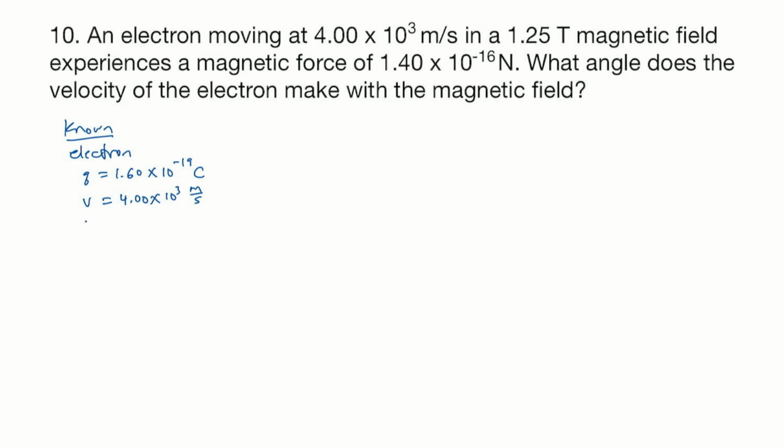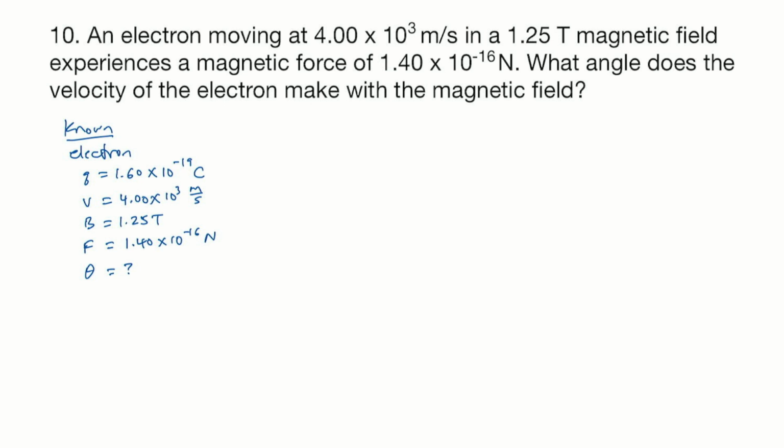Okay, we know the field is 1.25 Teslas, and again, we don't know the direction of the field. We know there is a magnetic force of 1.40 times 10 raised to the minus 16 newtons. And we need to find theta.